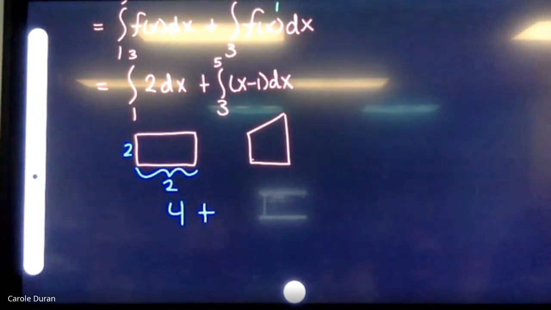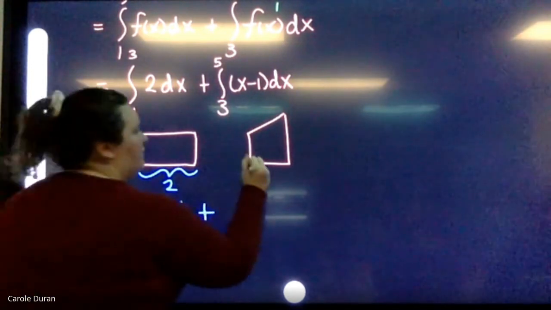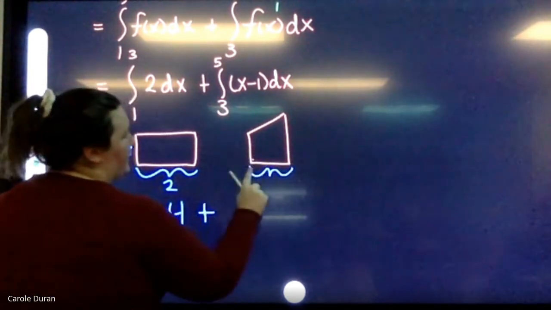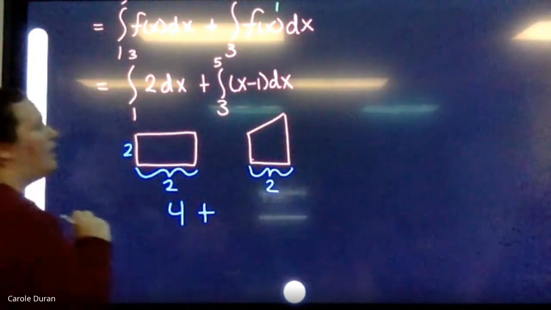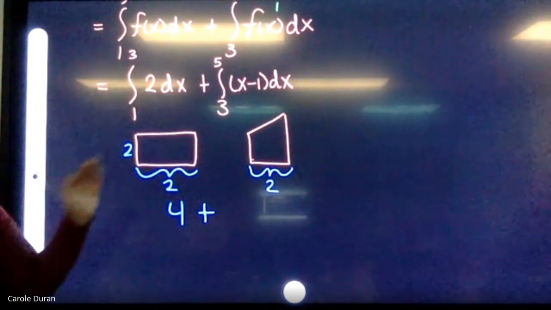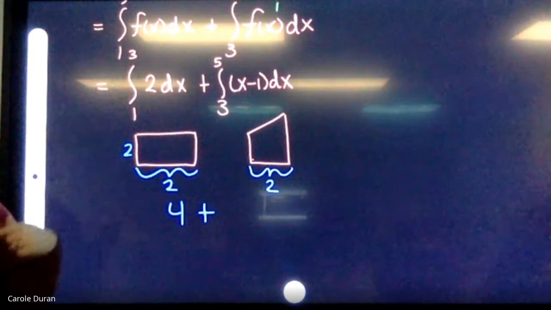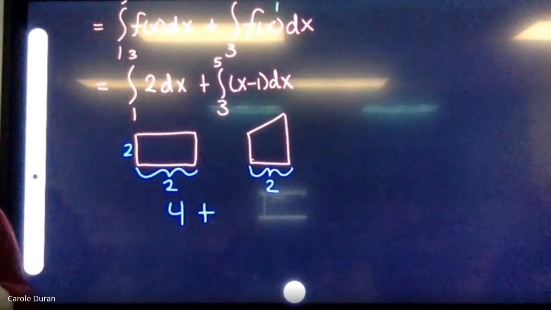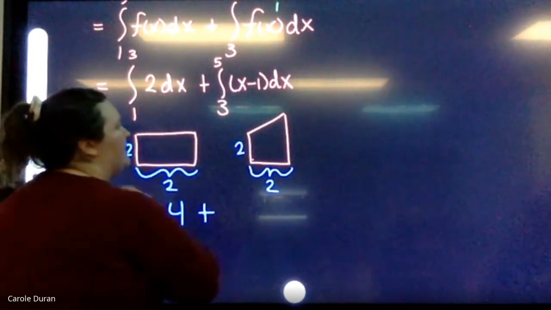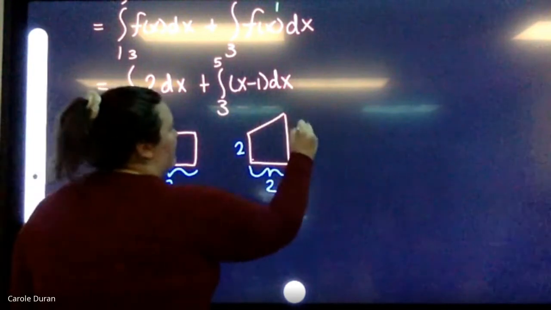Then I would do the same with my second shape. So I know that this height here is equal to 2 because I go from 3 to 5. And then to find my individual base lengths, I need to plug 3 and 5 into this function. So 3 minus 1 makes this base 2. 5 minus 1 makes that base 4.